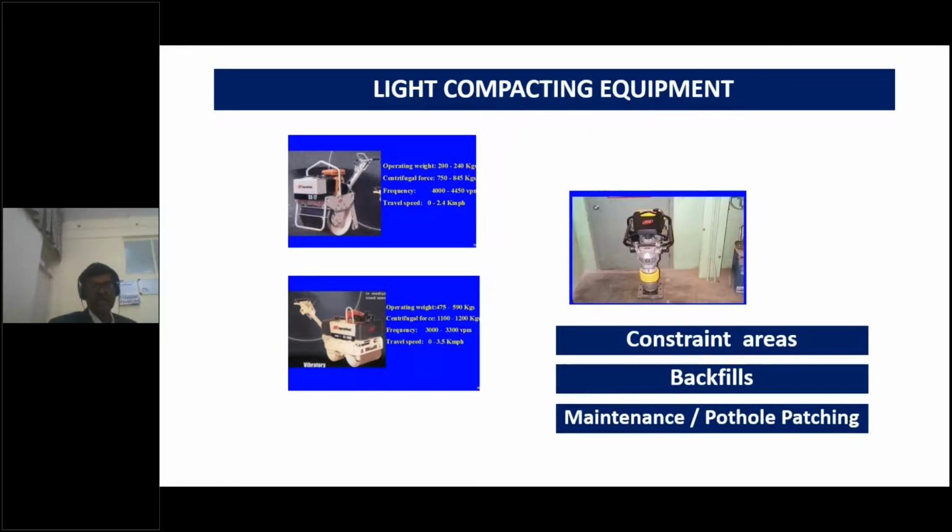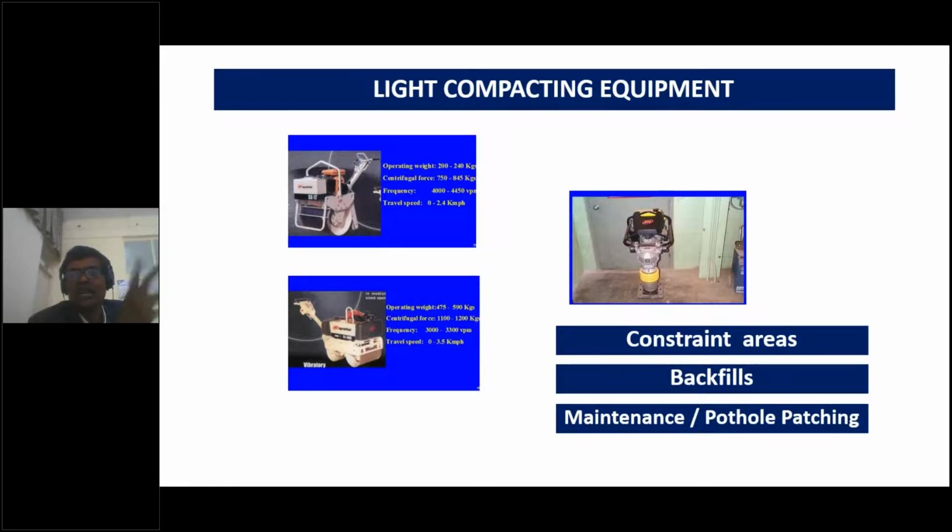What is more important here is that many times, for maintenance activities, especially pothole patching, or in backfill areas or near bridge and culvert construction sites, our bigger compacting equipment does not go, because it is 2 meters wide and 5-6 meters long. That is the reason most of the time when we cross a culvert, we get a jerk.